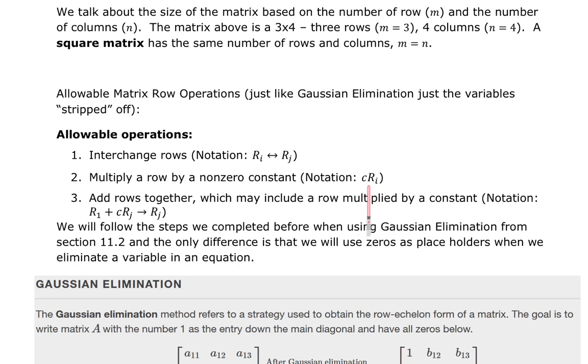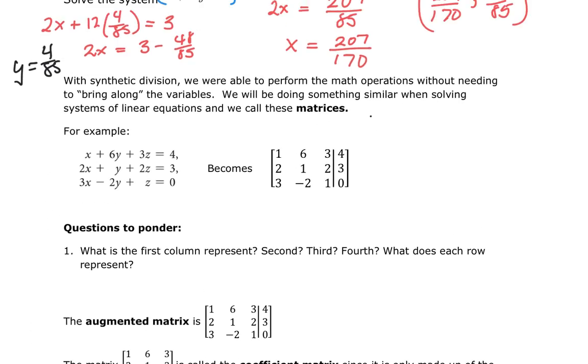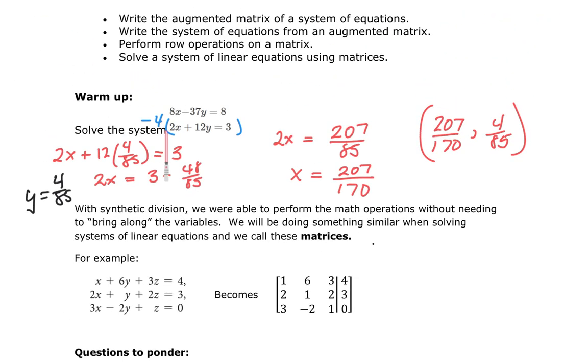And then we just multiply a single row. The reason we're allowed to do that is if we look at our example from our first starting point, notice how I multiplied this equation by the -4. So I can turn this into its matrix. The first row is the coefficients 8, -37, and 8. The second row was 2, 12, and 3.